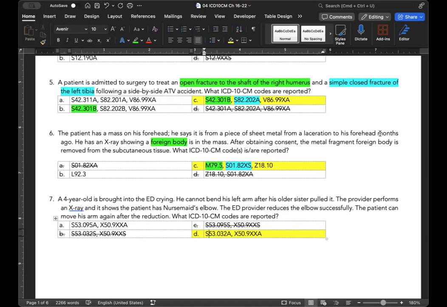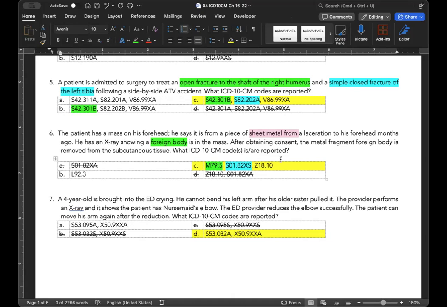Oh, no, you know what it is? M79.5 is just telling you that there is a foreign body present. The S01 is telling us that it's the laceration, but we have to say that we know what the foreign body is that's present. That's going to be the sheet metal, which is going to be the Z code that tells us there's a piece of metal that is retained.